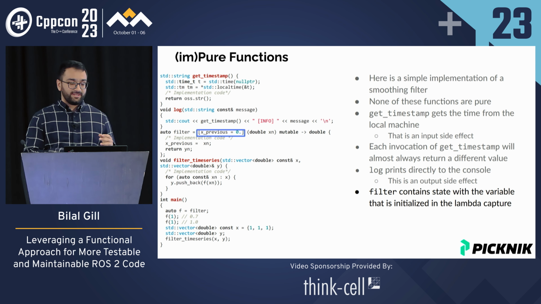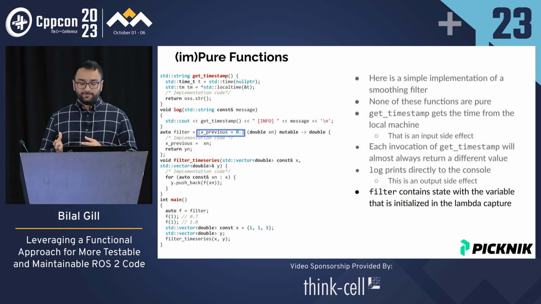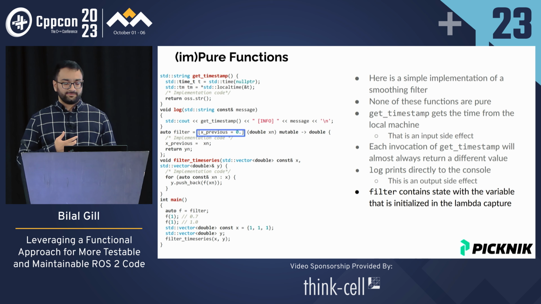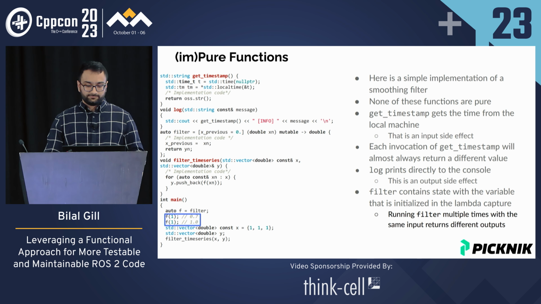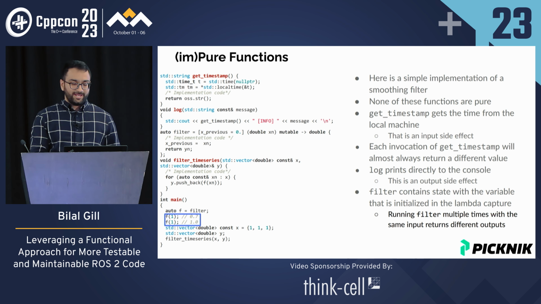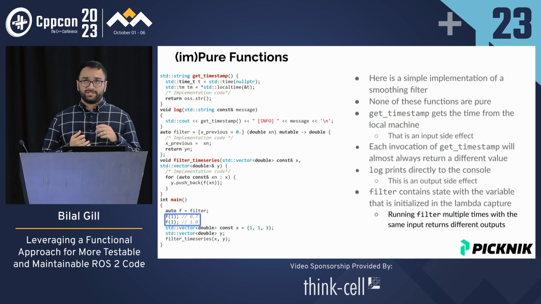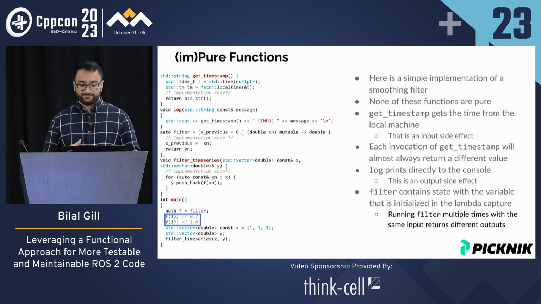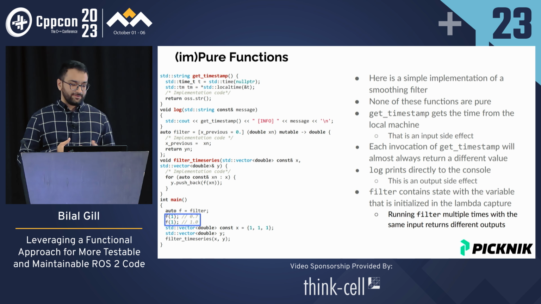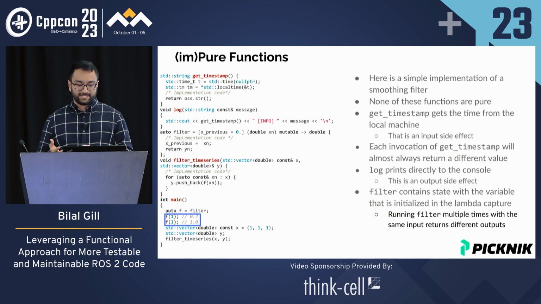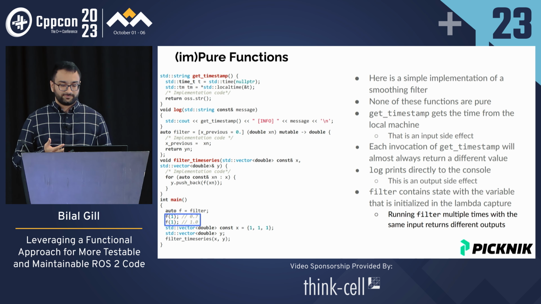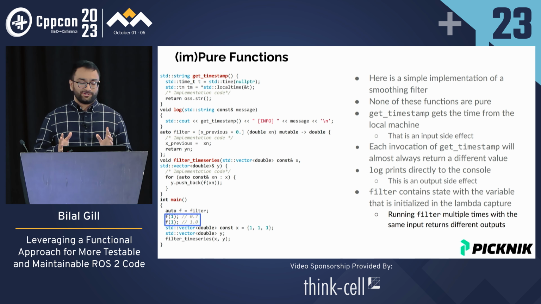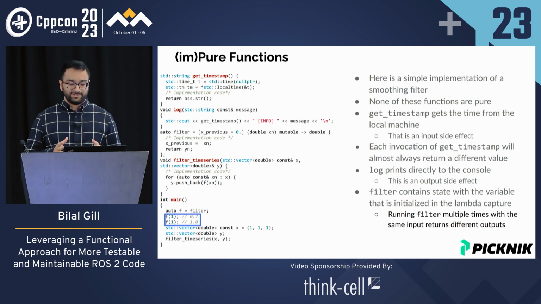Over here, we have a filter function, and it contains state with a variable that is initialized in the lambda capture. So with that, what happens is that if we run filter multiple times with the same input, it returns different outputs. First time, you can see that it returns 0.7, and second time, it returns 1.0. I just want to note that this is the desired behavior of the function.